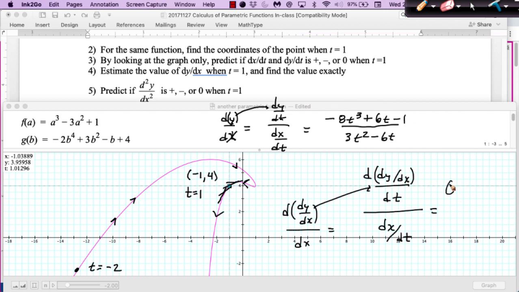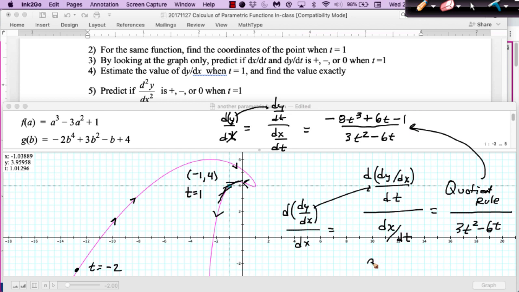Quotient rule, right? But then divided by another dx dt. So I do the quotient rule on that. That gives me the derivative of dy dx with respect to t. Then I divide by dx dt, and then that whole thing now is the second derivative with respect to x.